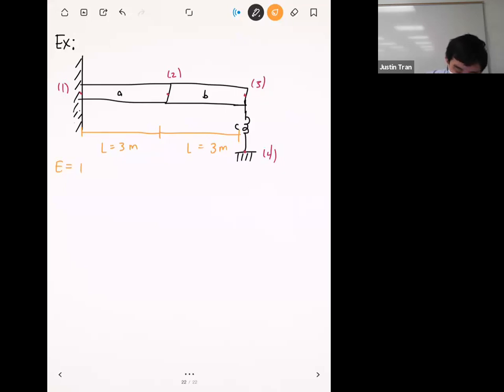And so let's say that the Young's modulus is going to be 210 gigapascal. I here is going to be the moment of inertia. It's 2 times 10 to the minus 4 meters to the 4th power.